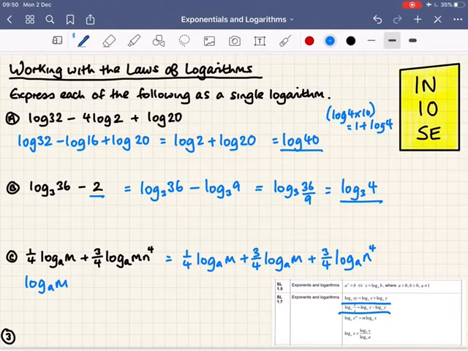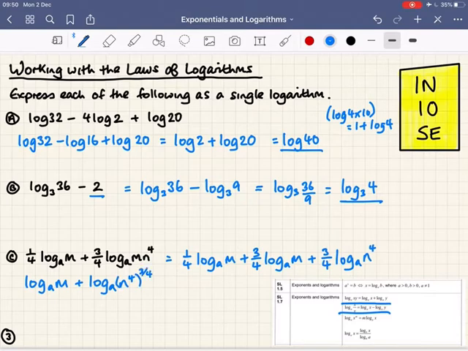Remember, my end game here is to have a single log. And the second bit, I've got 3/4 log a to the n of n to the power of 4. What I can do is I can bring that power up and I get log a of n to the power of 4 to the power of 3/4.